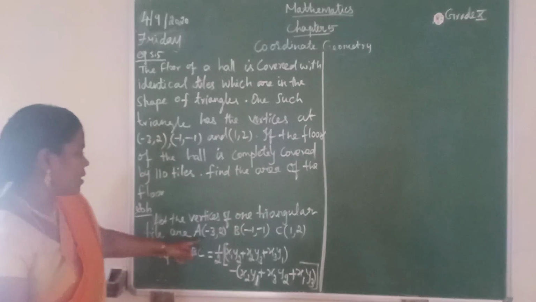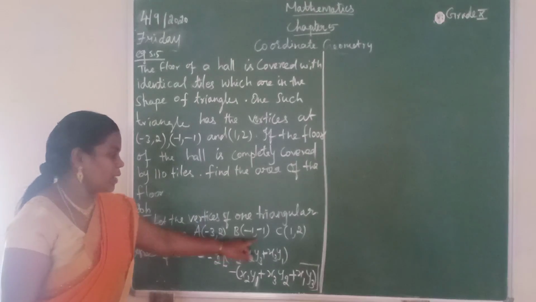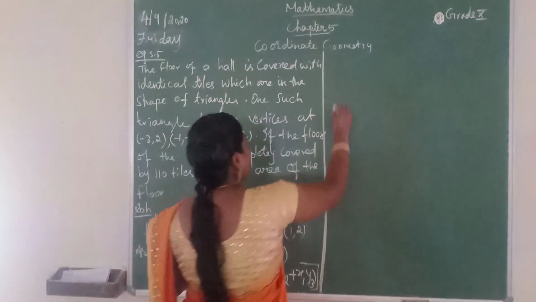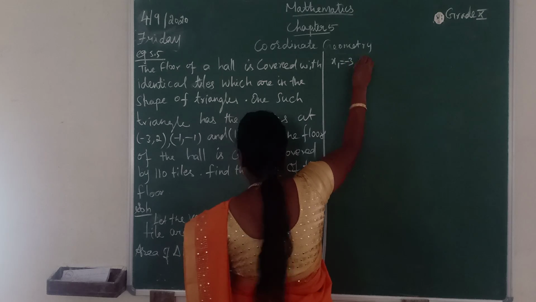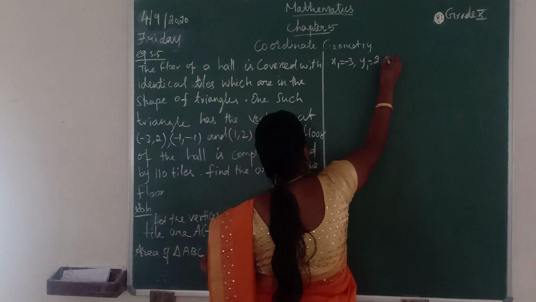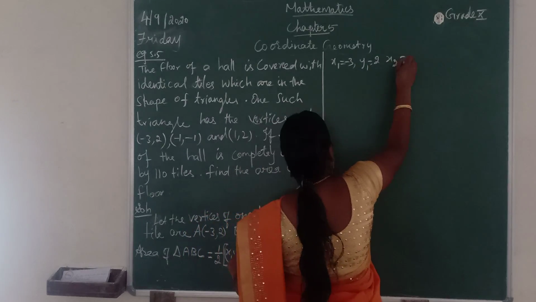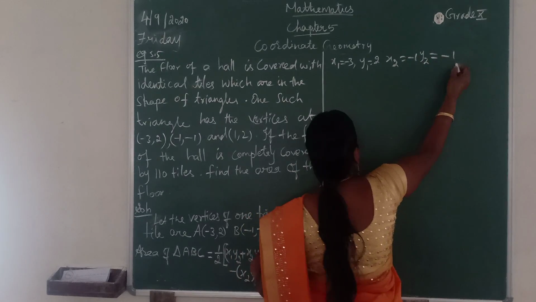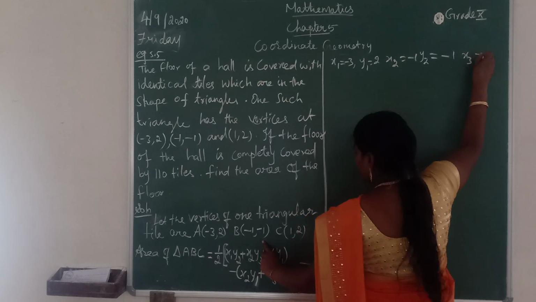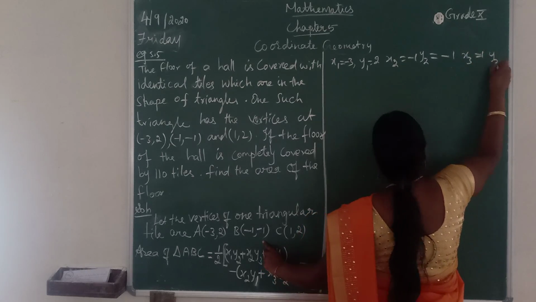Let the matrix be written x1 y1, x2 y2, x3 y3. x1 equal to minus 3, y1 is equal to 2, and x2 is equal to minus 1 and y2 is equal to minus 1. x3 is equal to 1, y3 is equal to 2.